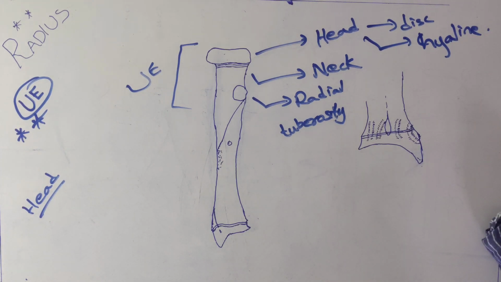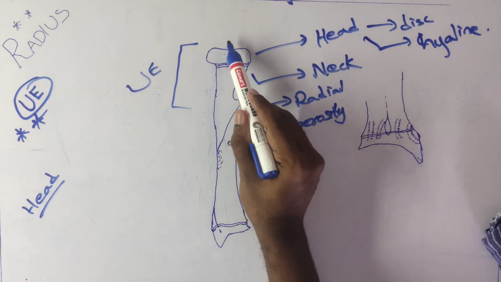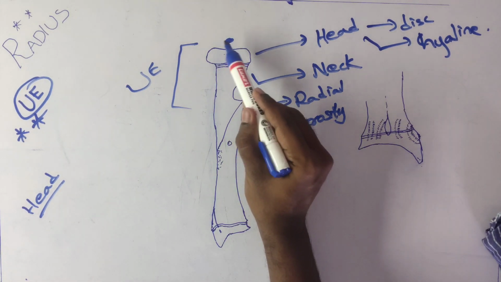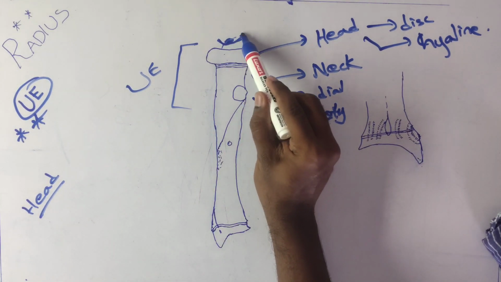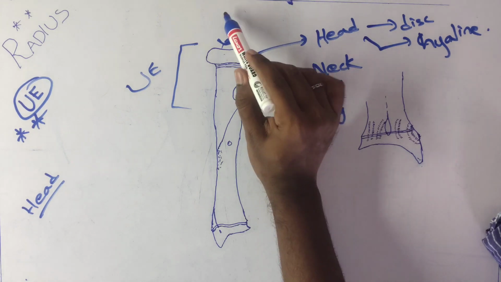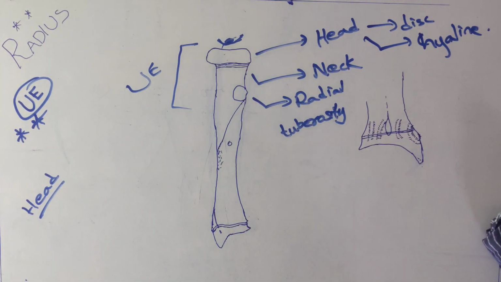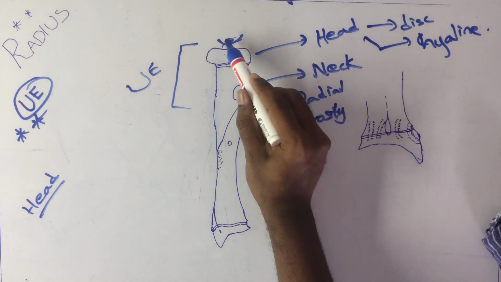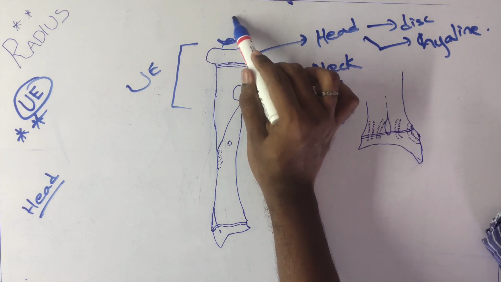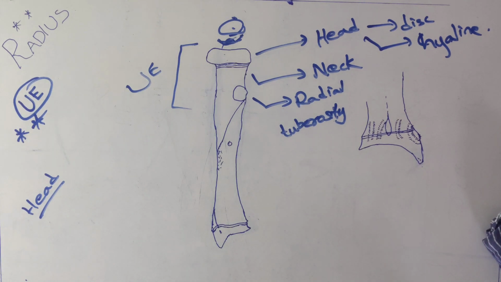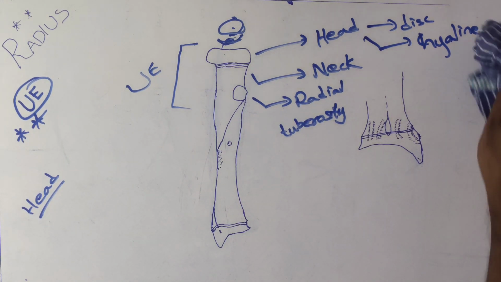At the superior surface there is a concave shape like this. This surface articulates with the capitulum of humerus to form the elbow joint. We already discussed this in the last class. Okay, this is about the head.